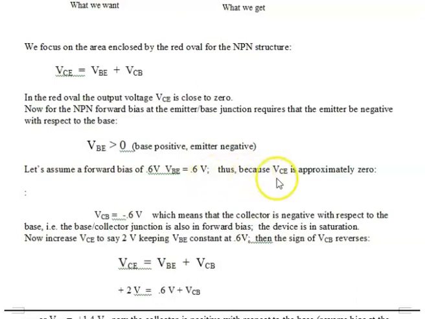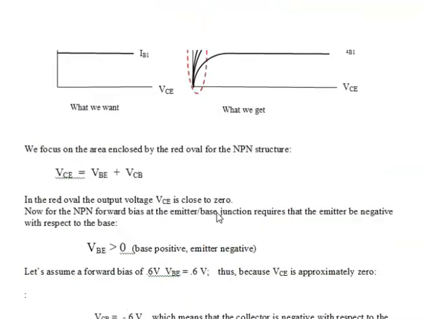Because VCE is approximately 0, VCB must be minus 0.6 volts, which means that the collector is negative with respect to the base, which means that the base-collector junction is also forward biased.